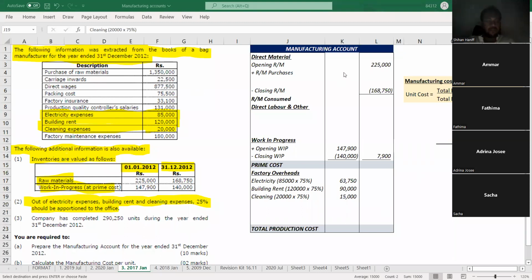Purchase of raw material 1,350,000. Then the carriage inwards will be added, 22,500.